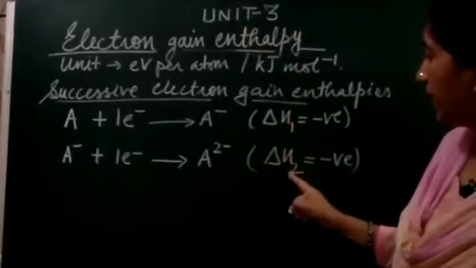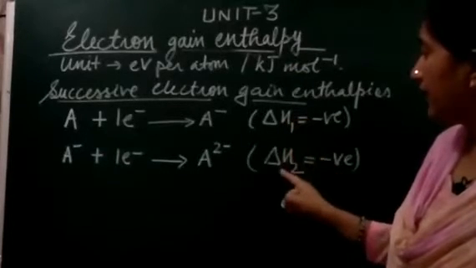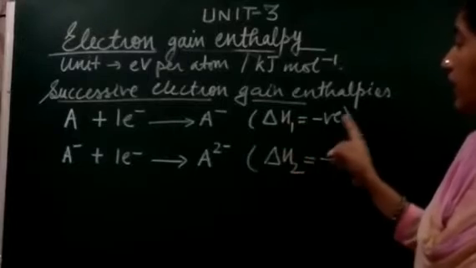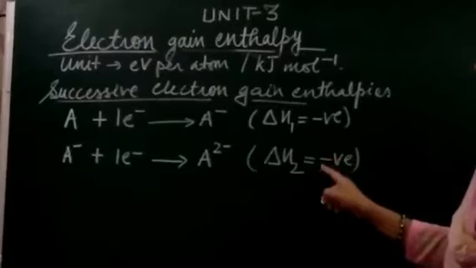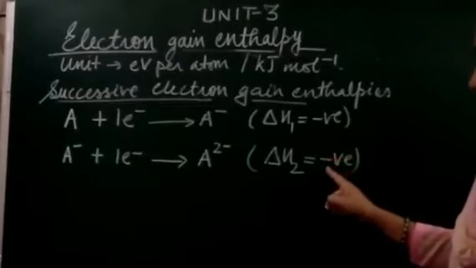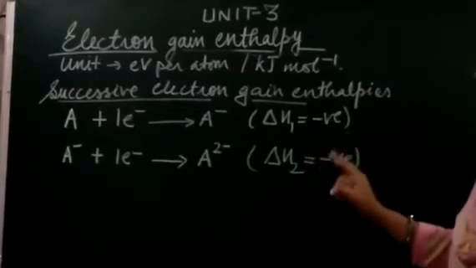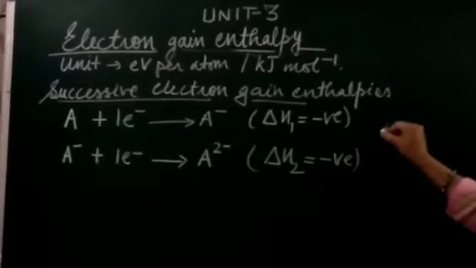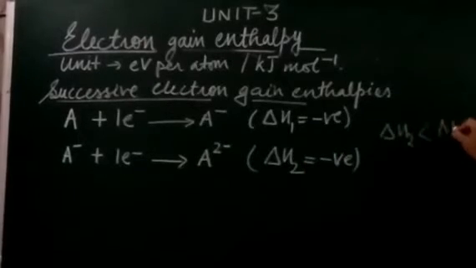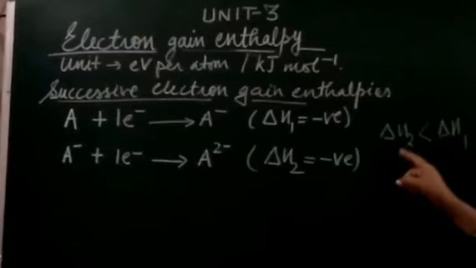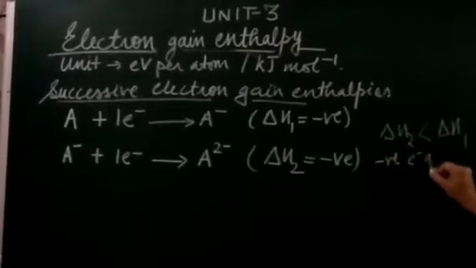If we compare the electron gain enthalpy of delta H1 and delta H2, definitely the magnitude of the negative electron gain enthalpy in the second case is going to be lesser than the first. So delta H2 is definitely going to be less than delta H1 in terms of negative electron gain enthalpy.